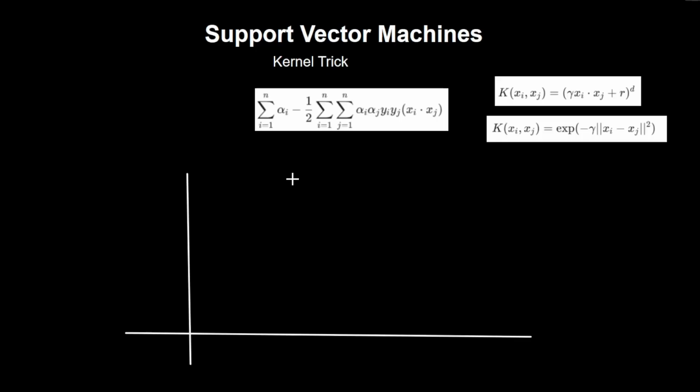Now let's see the intuition behind the kernel trick. Let's say we have some data points belonging to two classes on just one axis, the x-axis. We have the red class data, and here we have a cluster of other red class data, and only in the middle we have the green cluster data.